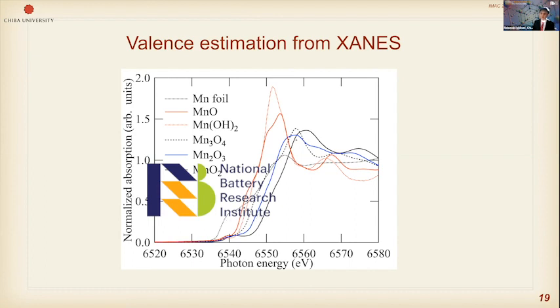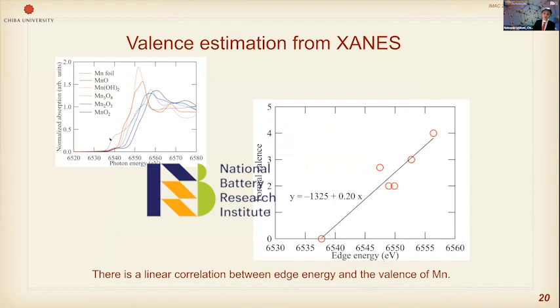The different shapes can be seen. However, the edge positions are different. The inflection point was calculated and obtained. So if you get these data, the edge energy is different, and the corresponding formal valence was plotted here.